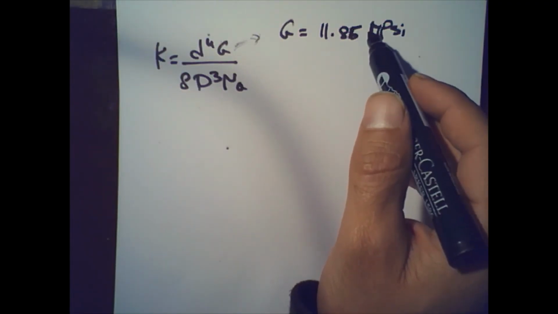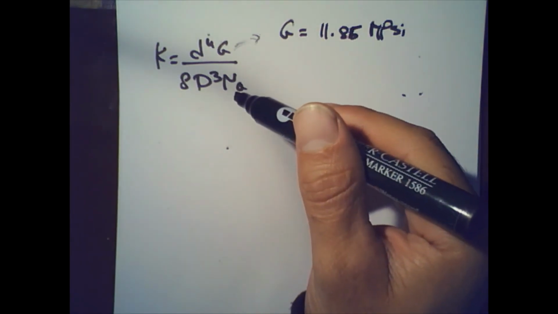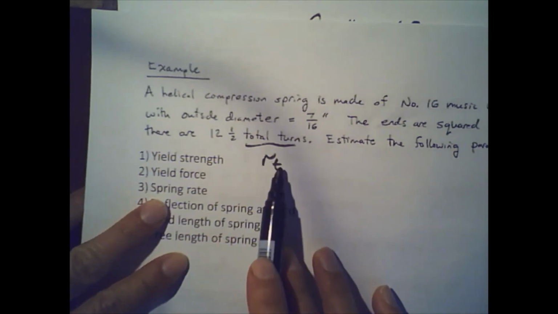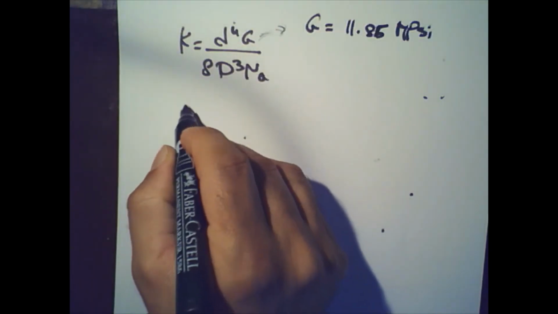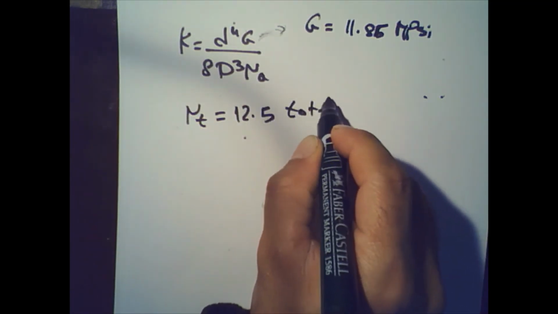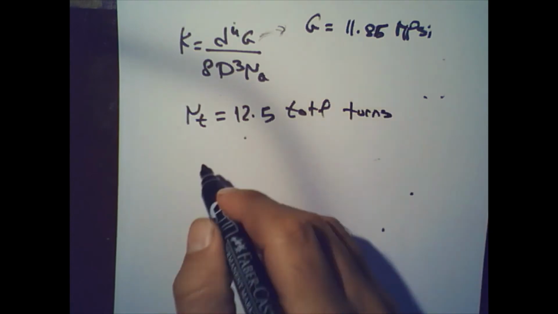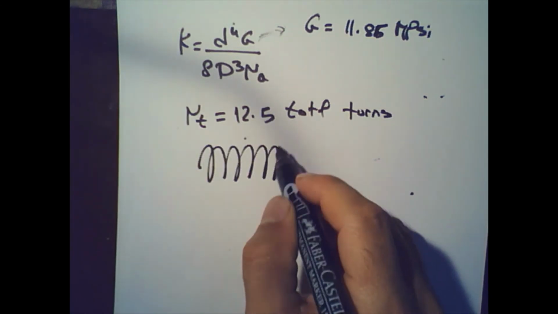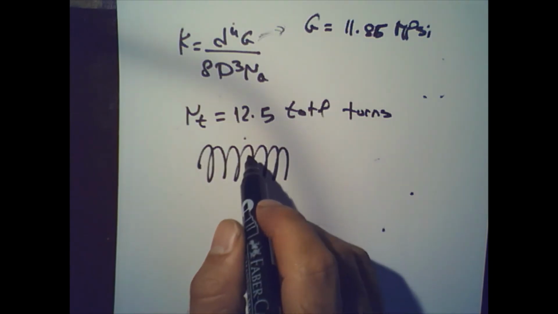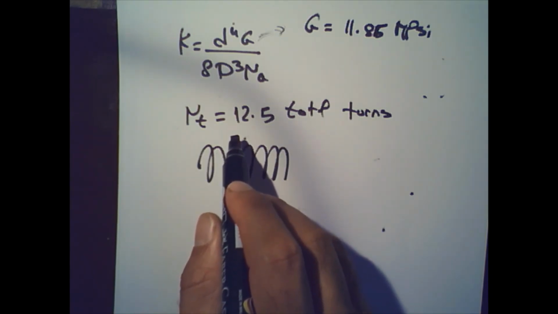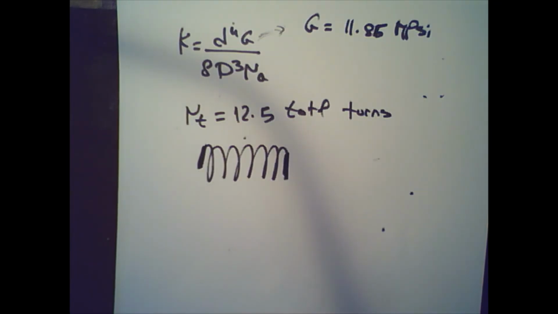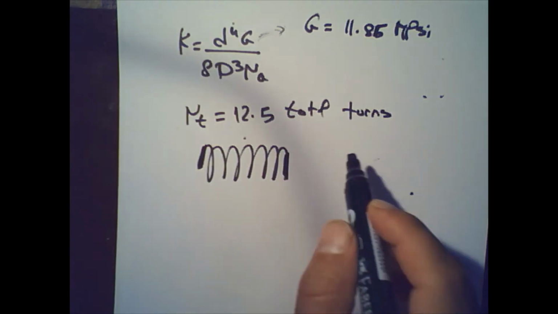We need to know the number of active coils, but in the problem, they gave you 12.5 total turns. So we have our NT equal to 12.5 total turns. In the case of a spring, total turns doesn't necessarily mean number of active coils. Why? Because if the spring is closed and ground, then some portion of it is not taking any load, because you already squared this and it is sitting on there.